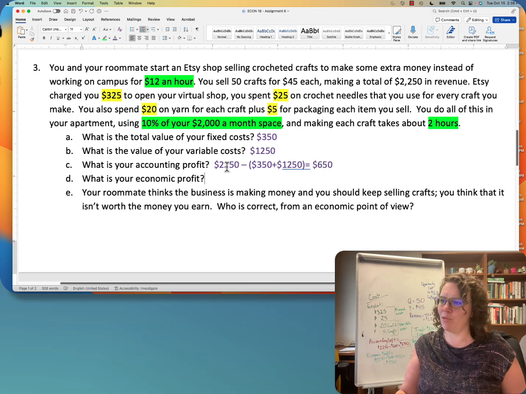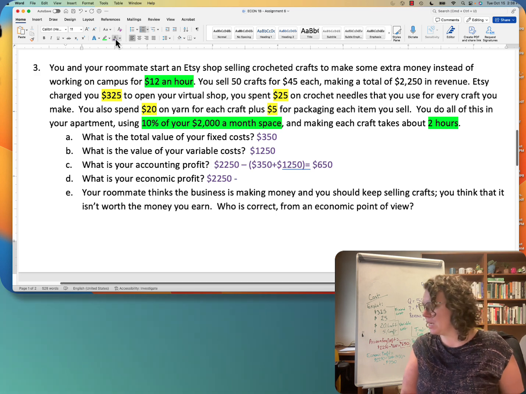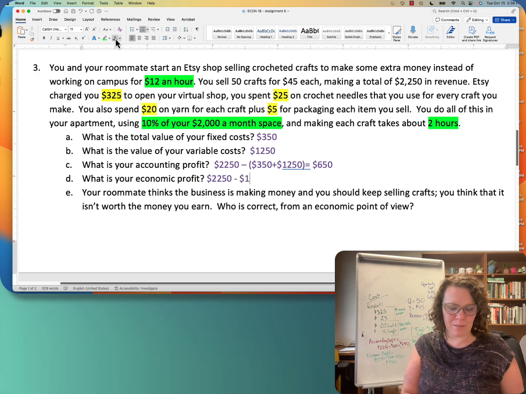But the economic profit is going to be the same revenue as before, but now we have to consider the implicit costs, or the opportunity cost, as well.